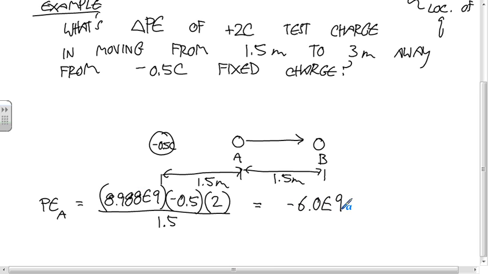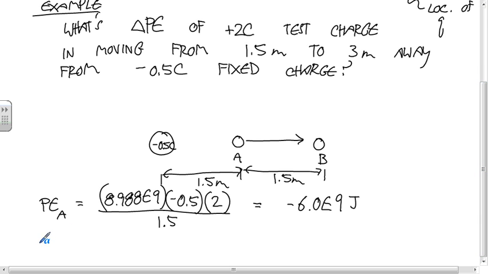And what are the units? So you could do it by thinking through what all the units of these are, but that's the hard way, and this one has complicated units. But this is a potential energy, so it has to be in joules. We're using SI units, so it has to be joules.